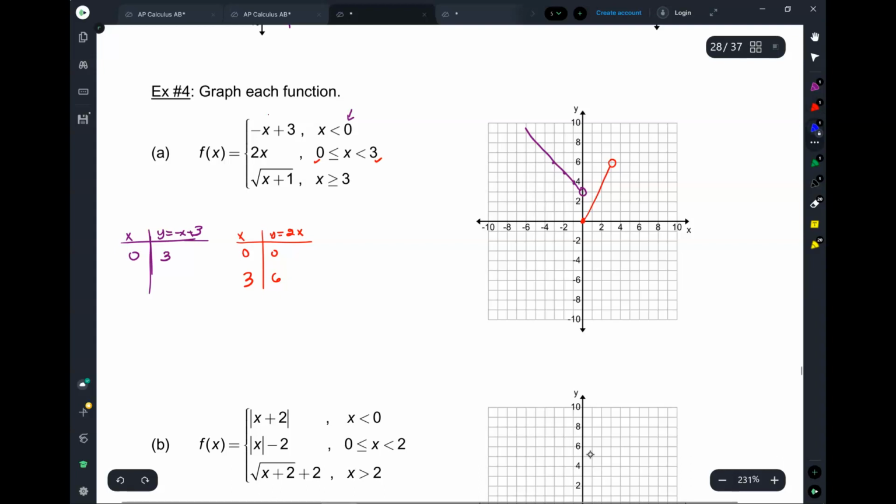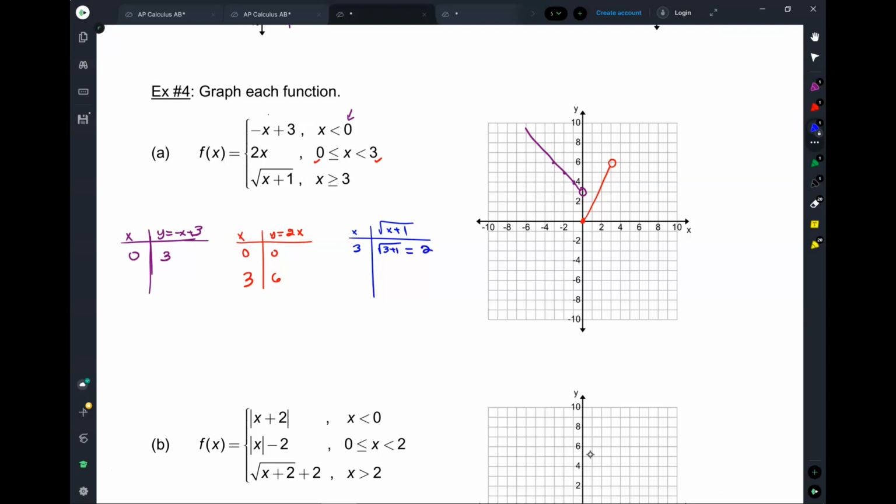Lastly, y equals the square root of x plus 1. What's the first number I should plug in? 3. And I get 3 plus 1, 4, the square root of which is 2. So at x equals 3, it's 2. Now, what shape is this? It's a square root graph, right?